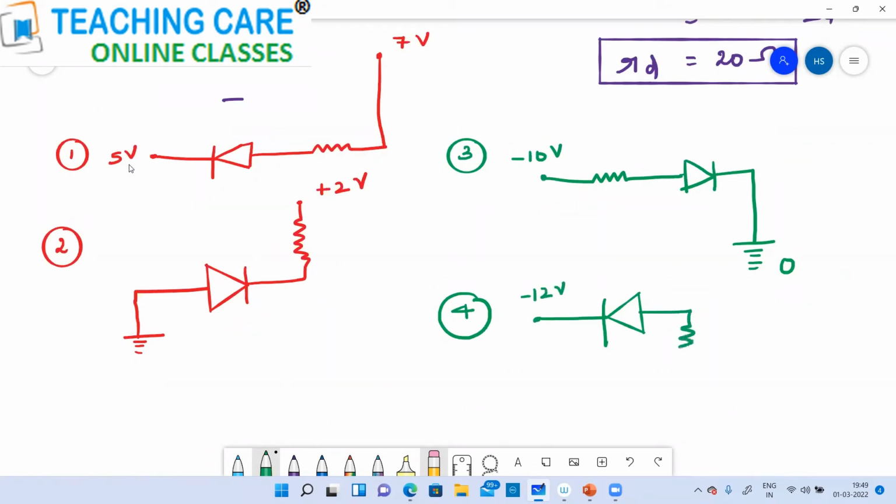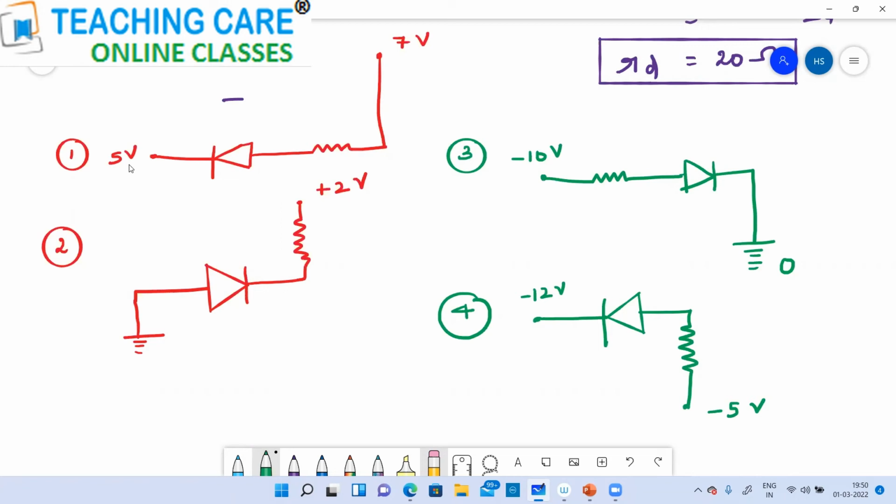Now do this. This is also reverse bias. Can you hear me? Yeah, tell me. What is this? Reverse or forward biased?